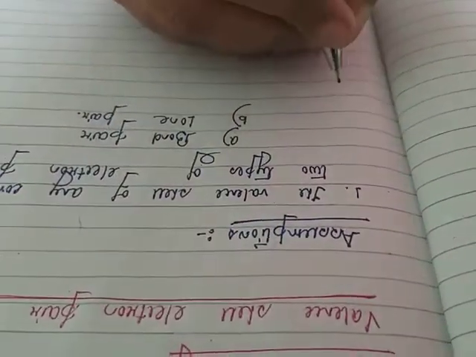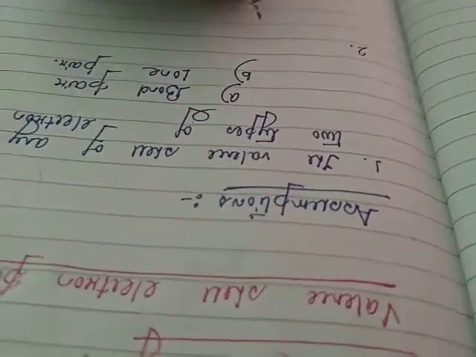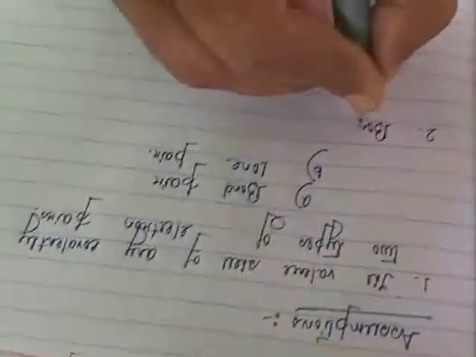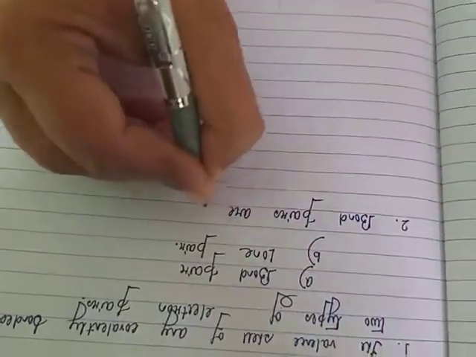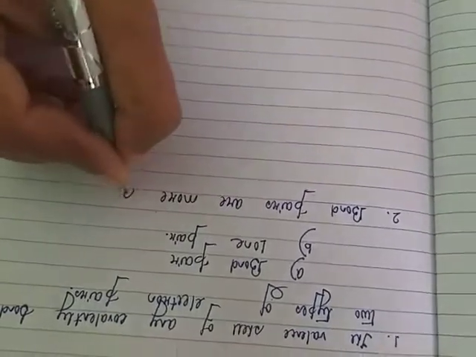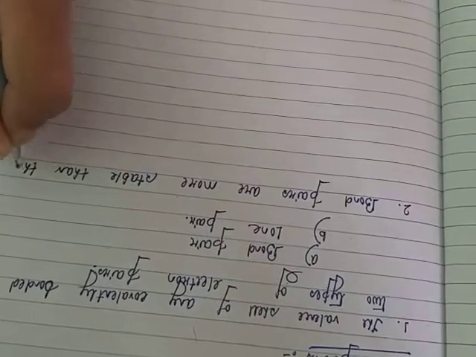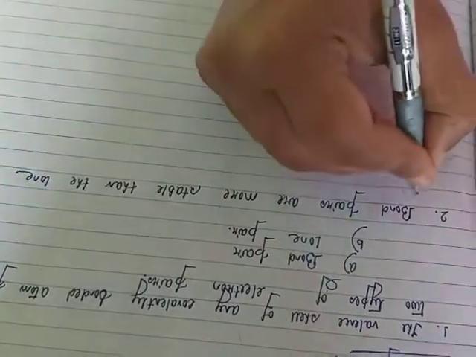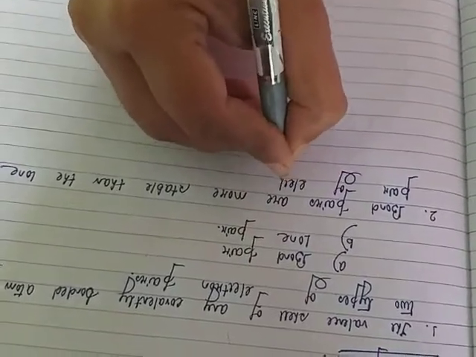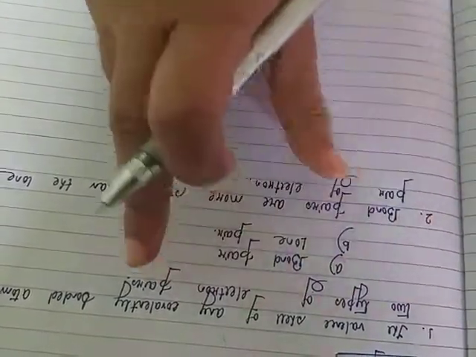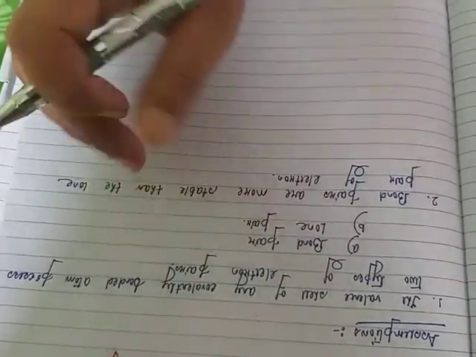So we can observe that bond pairs are more stable than lone pairs of electrons. Now we have clarified the valence shell electron pairs: two types of electron pairs are there, and stability has also been discussed.